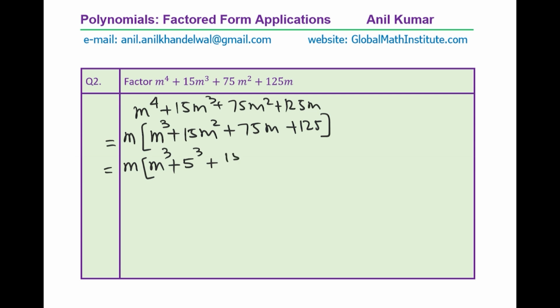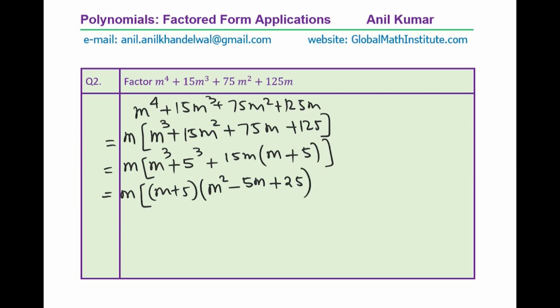I can take 15m common. So I get m plus 5. 75 divided by 15 is 5. The a cube plus b cube formula will be applied. So we get m plus 5 times m square minus 5m plus 5 square, which is 25.